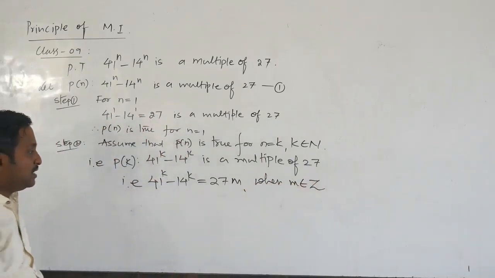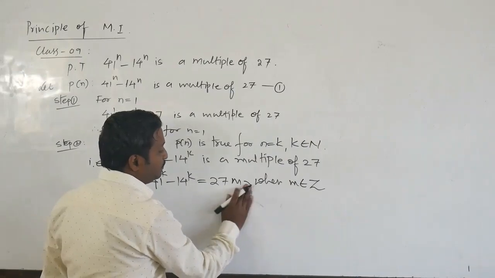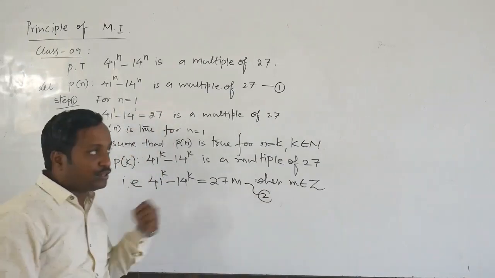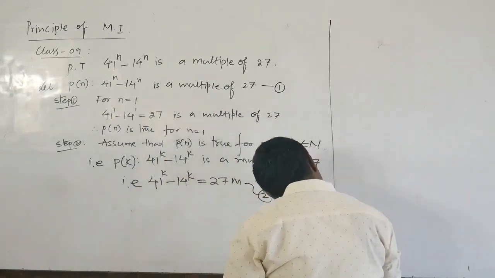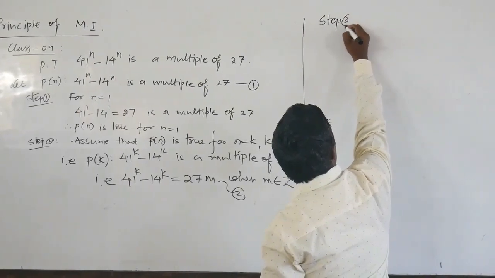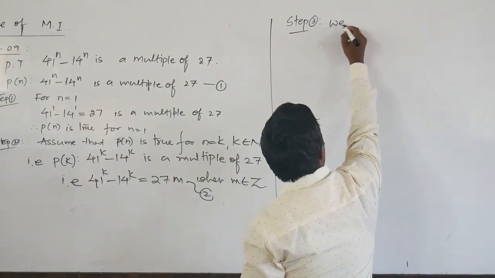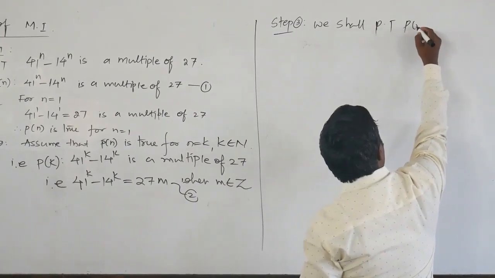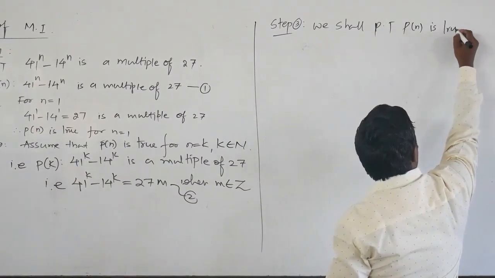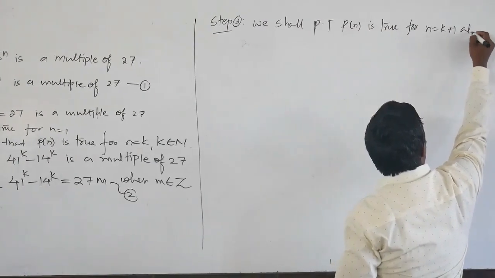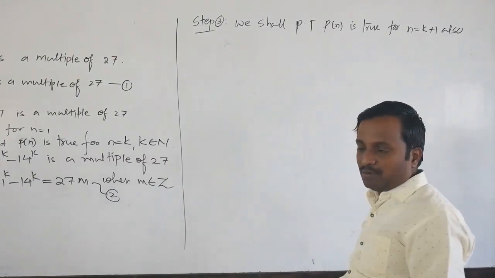Okay, so let us take this second equation as the main point for step 3. It's a very important point. Next we have to show in step 3 that we shall prove that P of n is true for n equal to k plus 1 also.